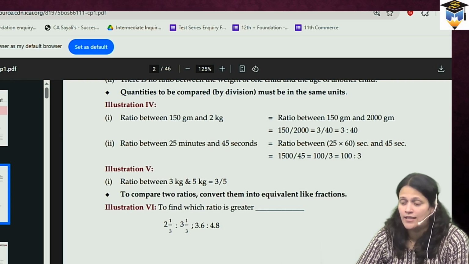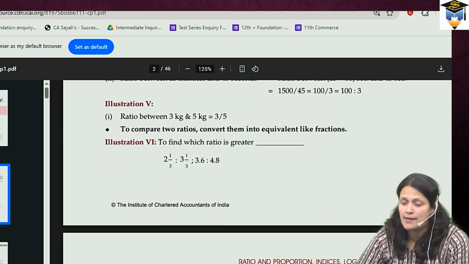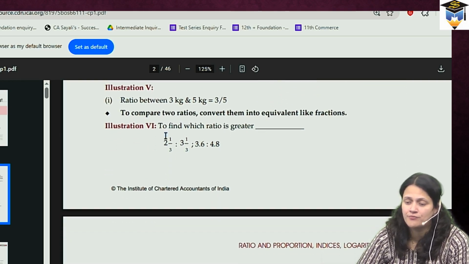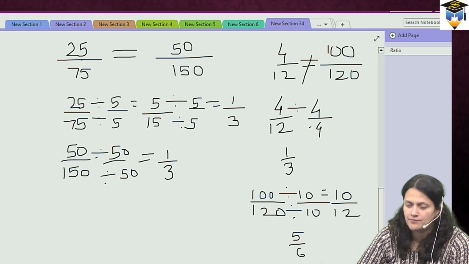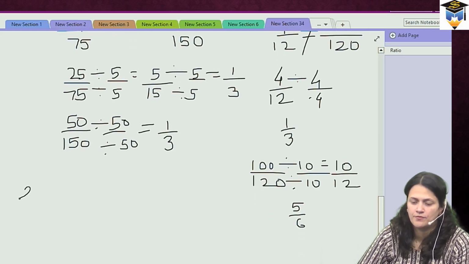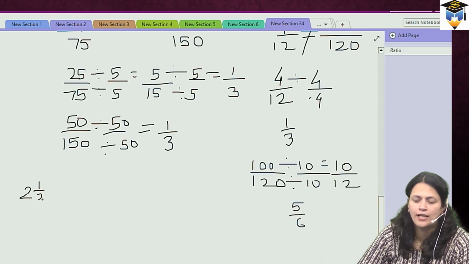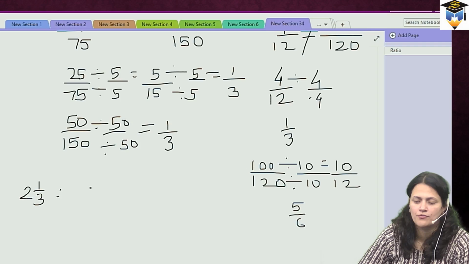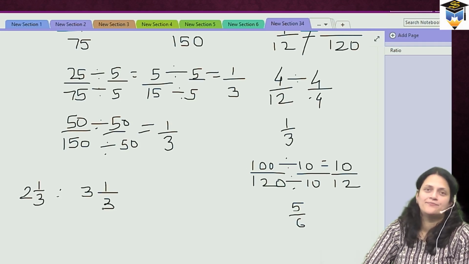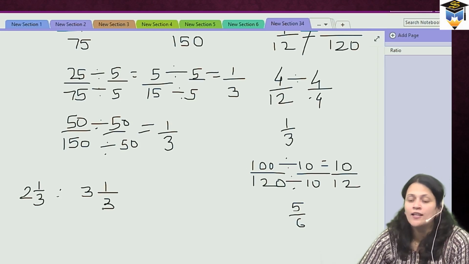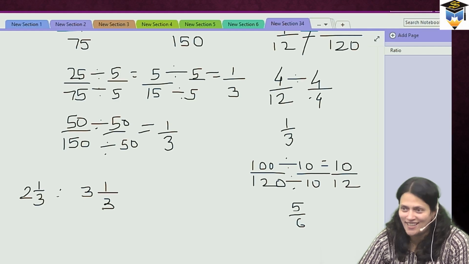Now let us take this particular example which they have given over here. 2 integer 1 by 3 is to 3 integer 1 by 3. You have to find out this ratio. Now, fractions, we have all done this in school.